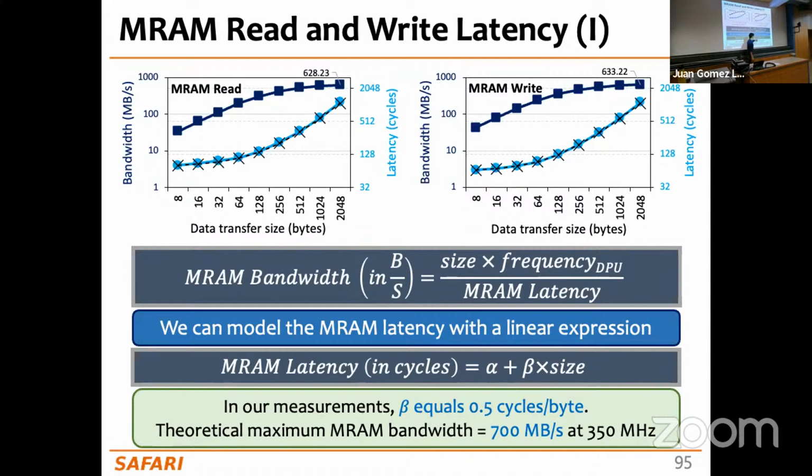So one thing we observe is that this beta is 0.5 cycles per byte, or the other way around, 2 bytes per cycle. That's the bandwidth, right? 2 bytes per cycle translates into 700 megabytes per second if the DPU runs at 350 megahertz. And that's more or less similar to what we actually measured, right? More than 600 in the best case for the MRAM read and the MRAM write.